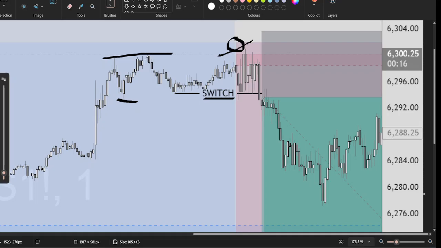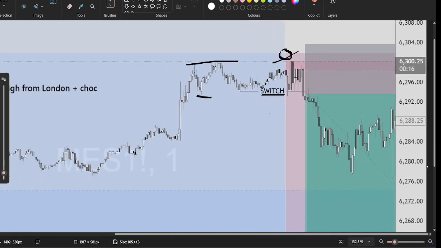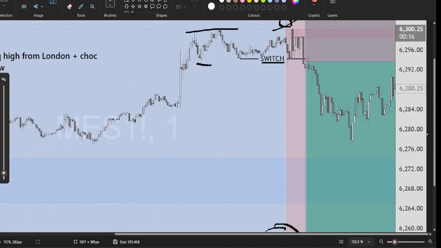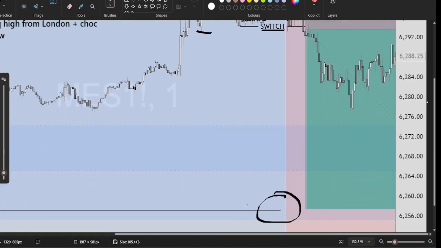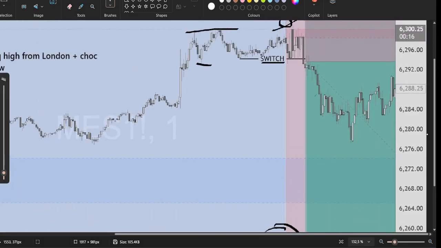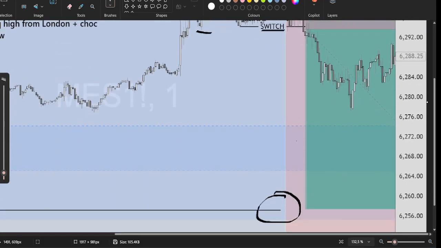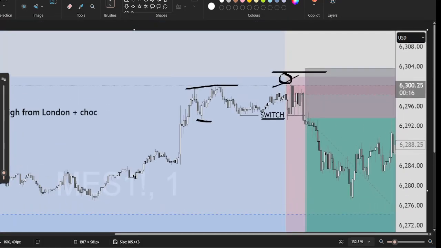But yeah, that's all it is. And yeah, so the stop goes above the high that rejected, so here somewhere, and here in this case, and the target is on the other side of London, meaning we go to previous session low from sweeping the high, as some would say, or we grab liquidity from the high.